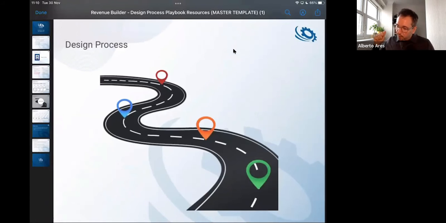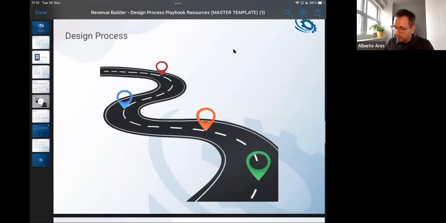Cool. So before we talk about the different types of steps, I wanted to talk a little bit about the difference between sales process and methodology, which you might already know. A sales process, imagine that you have to travel to a certain destination by car or train. A sales process is equivalent to the journey that you take.